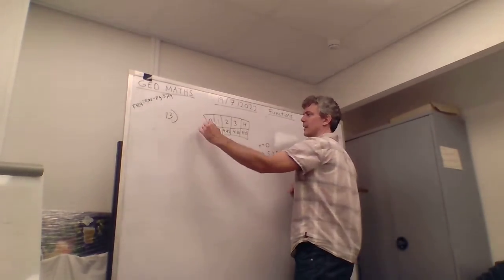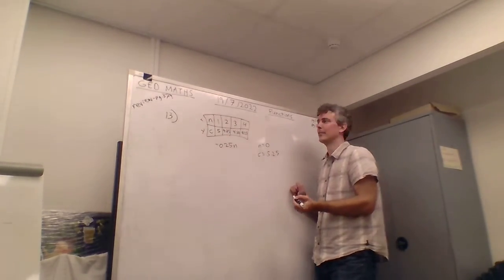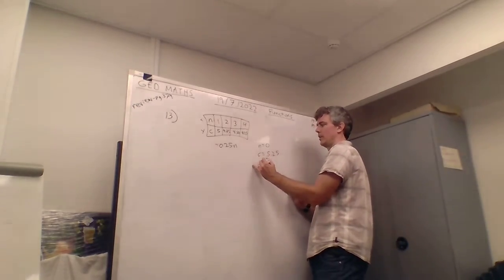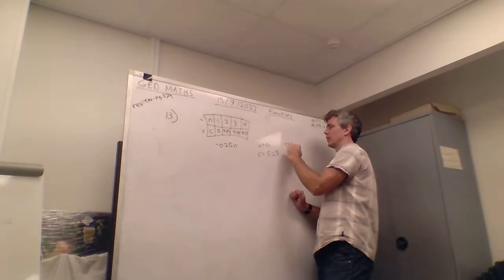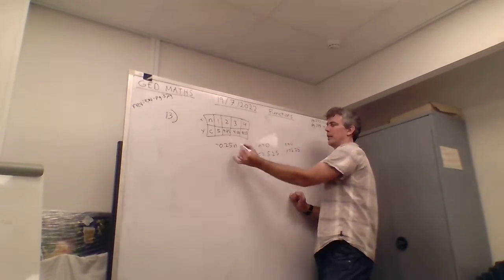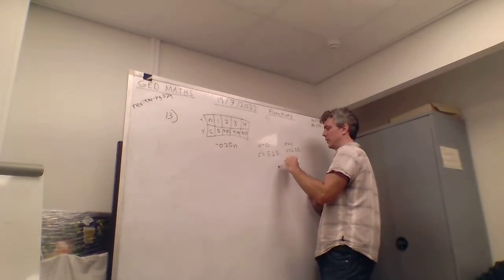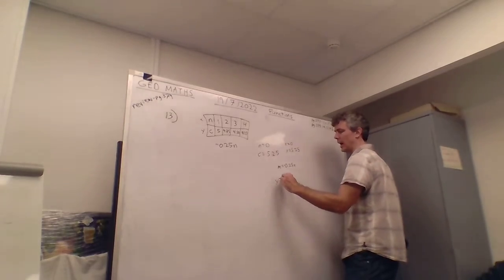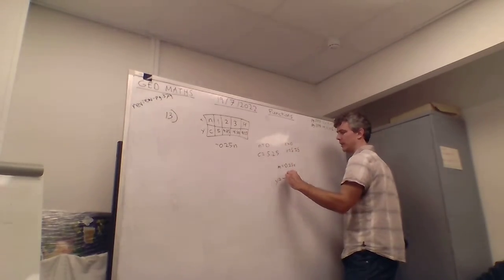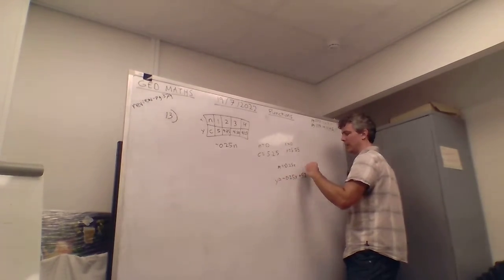I'm going to say this is like y, and this is like x. Our intercept is x equals 0, y equals 5.25, and our slope is minus 0.25 x, so to speak. So therefore the equation is y equals minus 0.25 x plus 5.25.